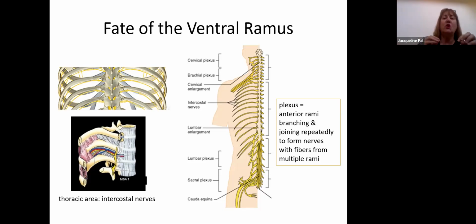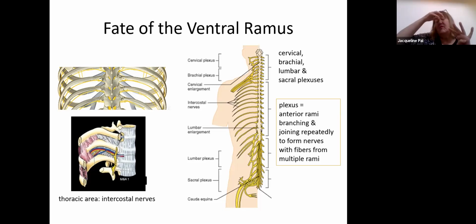Okay. And so I will go into great detail to show you an example of how one of these plexuses works. And for the other ones, it's not important that you learn it. Okay. So we have 4 areas of plexus, and starting most superior, we're going to have a cervical plexus, then a brachial plexus, then all the intercostal nerves.